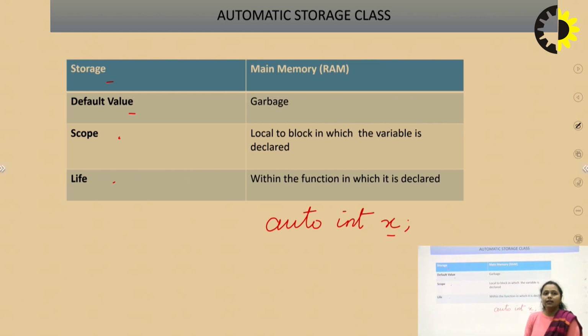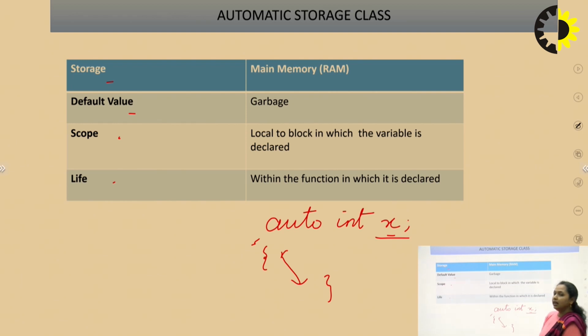Third is the scope. It is local to the block in which the variable is declared. Means in whatever block, that is the curly brackets, we declare this variable x, the value of x can be accessed there only. It cannot be accessed outside the block.